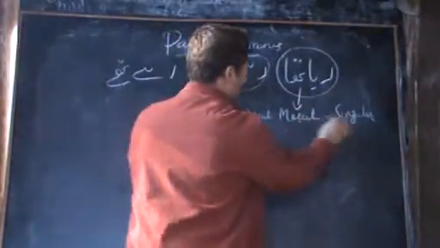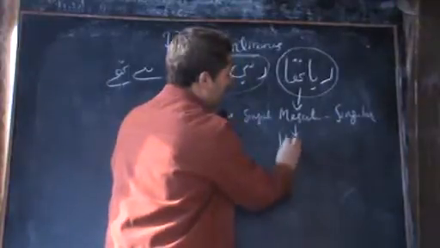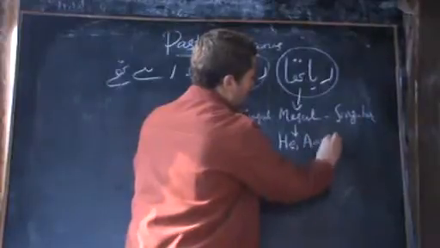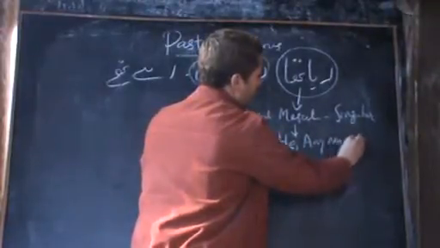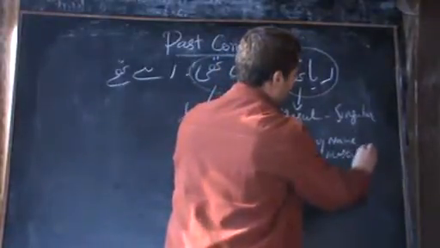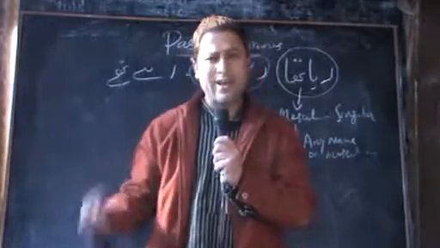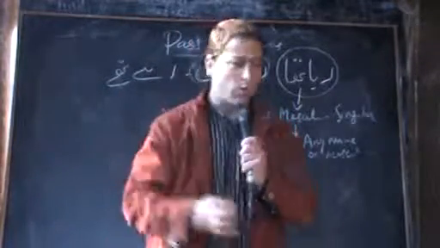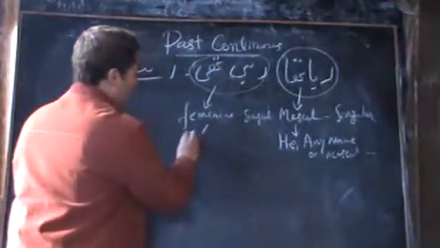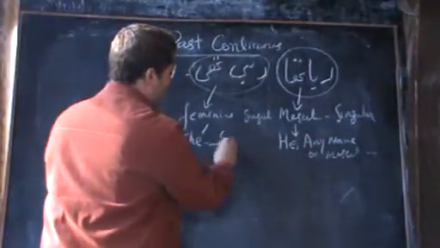This can be masculine singular, and examples can be he, or any name, or any masculine singular, whether that is an animal or whatever, but a singular one. And the feminine singular can be she.